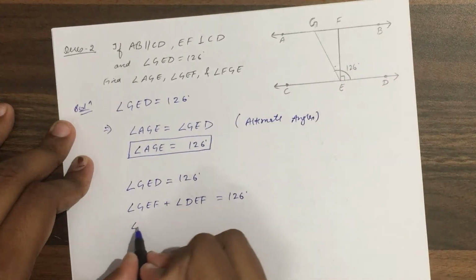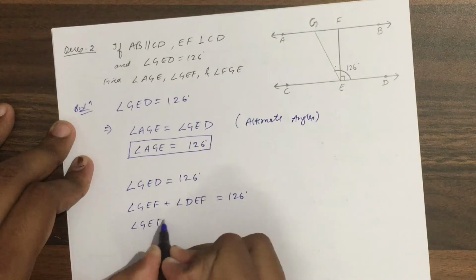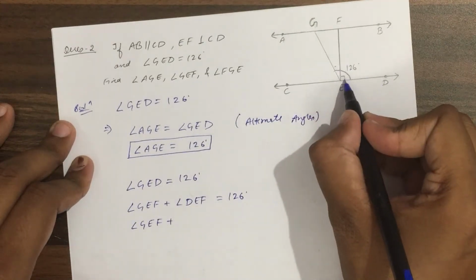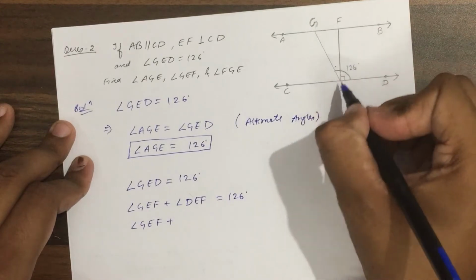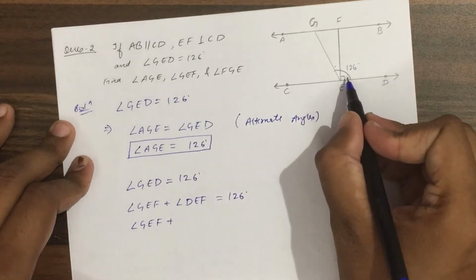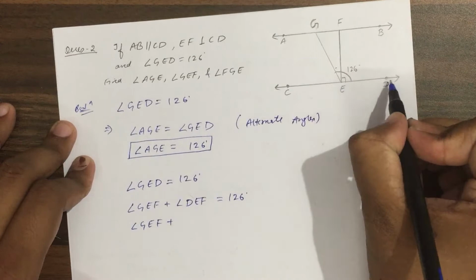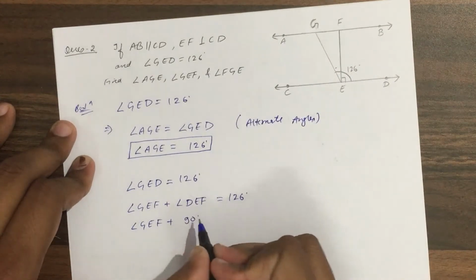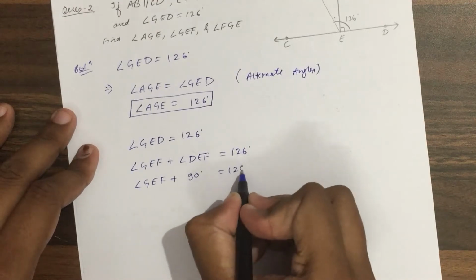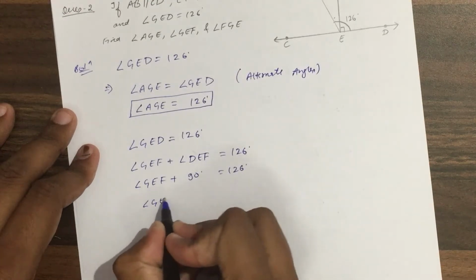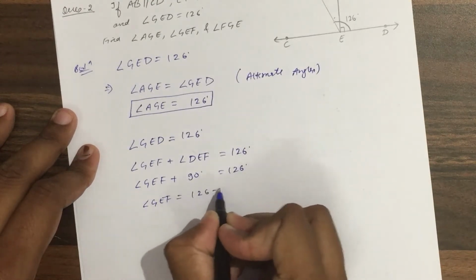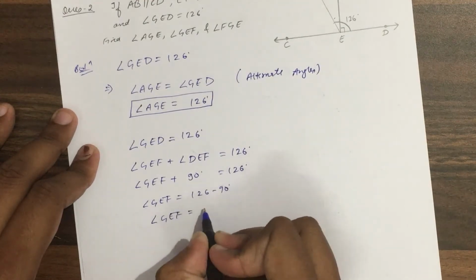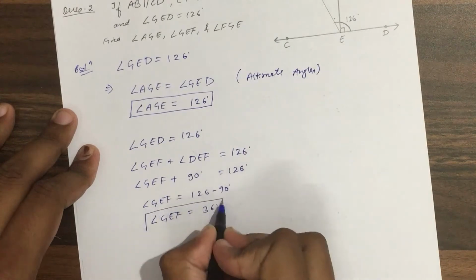GEF you don't know. Now look, angle DEF will be 90 degrees, because EF is perpendicular to CD. So GEF plus 90 equals 126 degrees, and angle GEF equals 126 minus 90, which is 36 degrees.